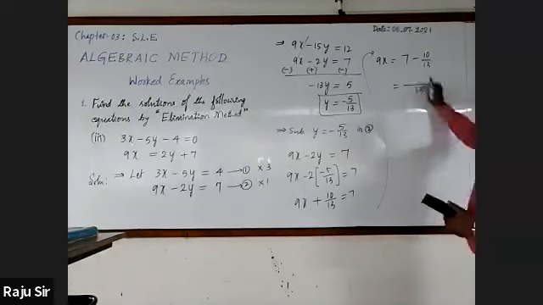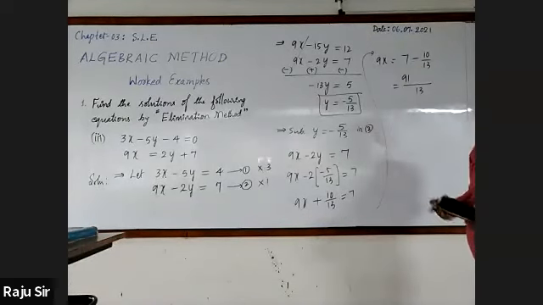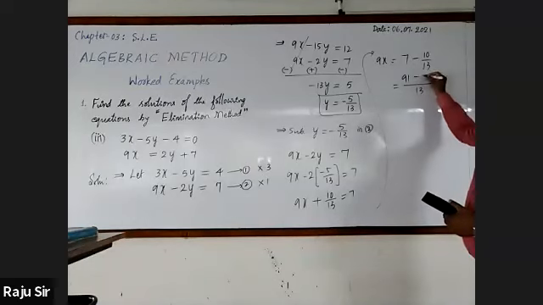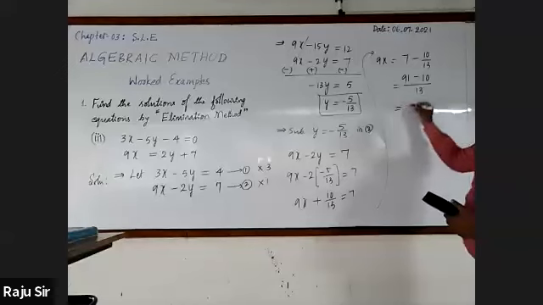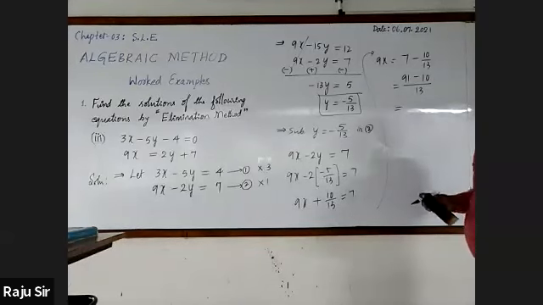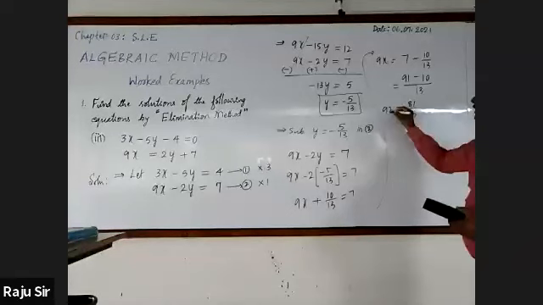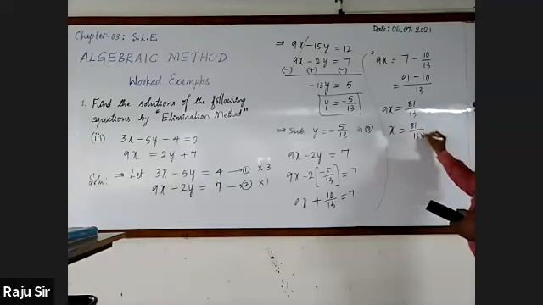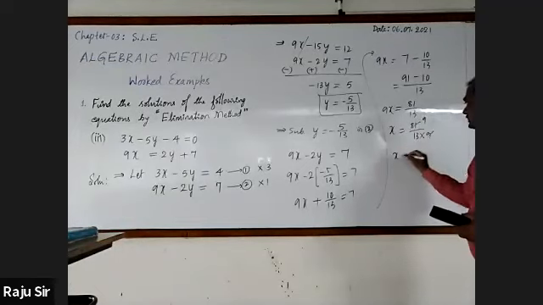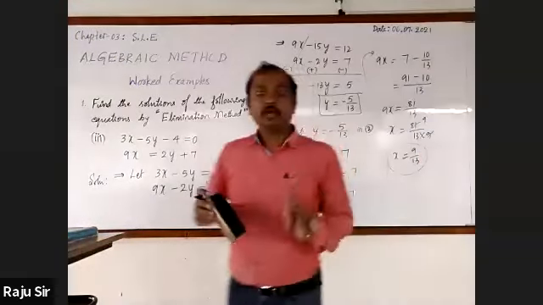Now multiply 13 with the first term. It is 91. 13 with the second term, it is 10 as it is. So 91 minus 10 is 81. 81 by 13, which is equal to 9x. x is equal to 81 by 13 into 9. Here 9 ones are 9, 9 nines are 81. x is equal to 9 by 13. Have you got it?